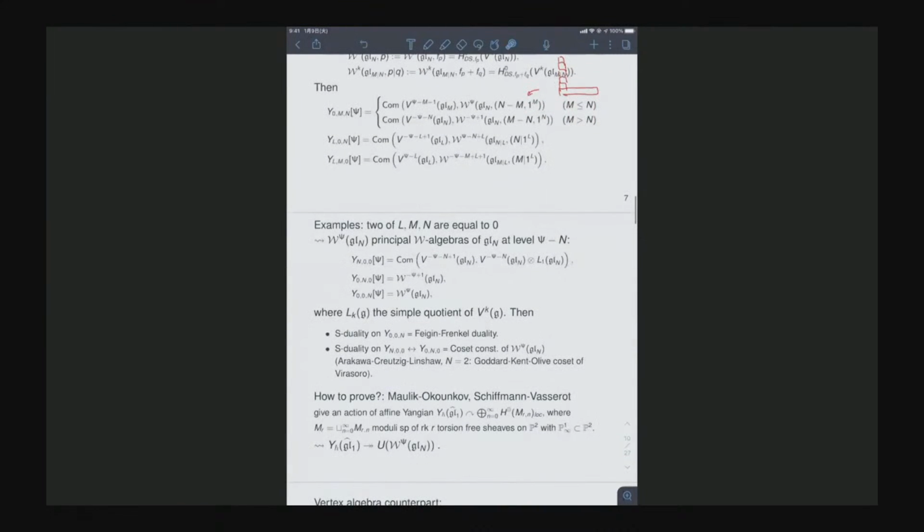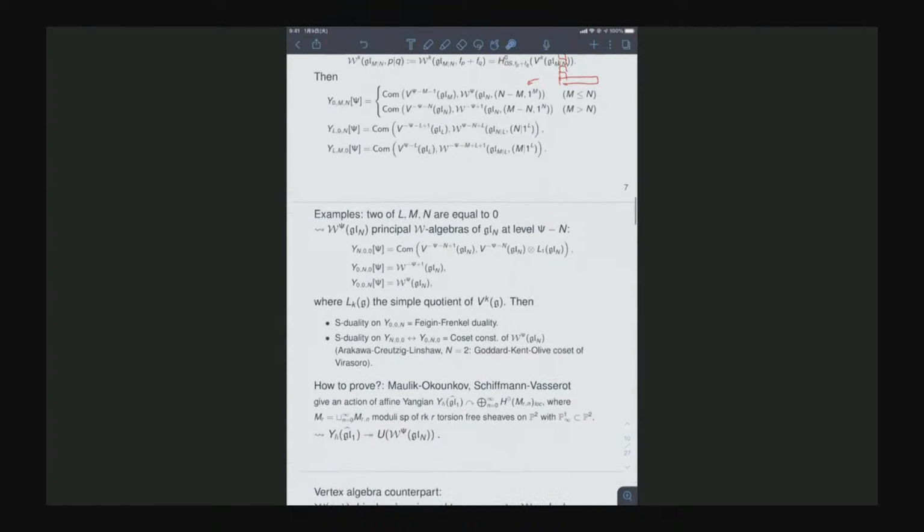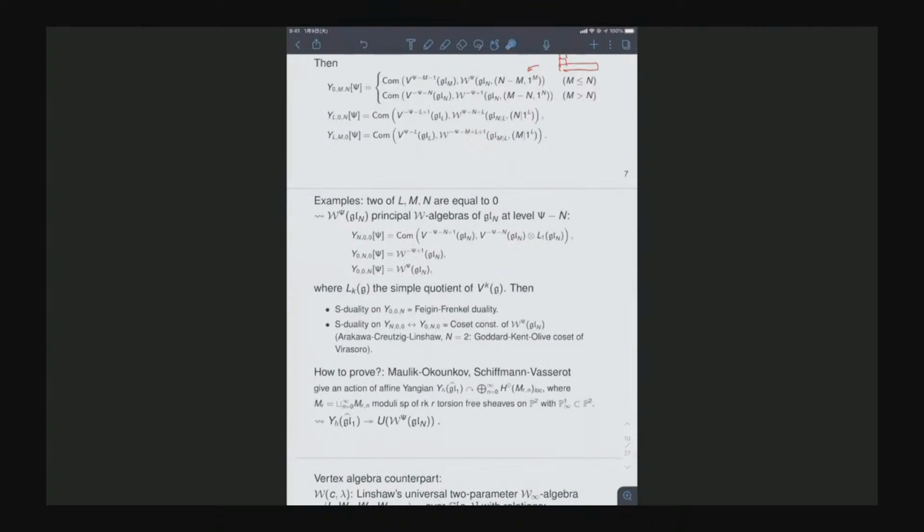For example, if two of L, M, N are equal to 0, then we get the principal W algebra of GL_N, which we denote W psi GL_N. Y_N00 is an affine coset in affine tensor L1 GL_N, but L_k GL_N is a simple quotient of the universal affine algebra. And Y_0N0 is also the principal W algebra, and Y_00N is the principal W algebra.